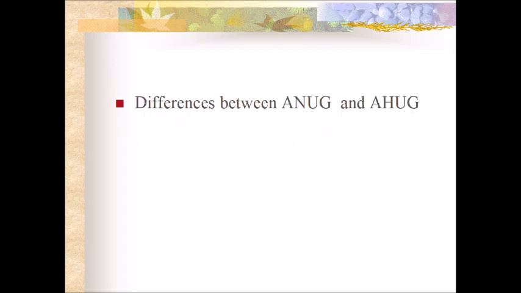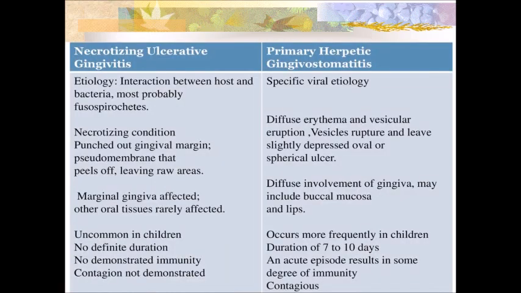Difference between necrotizing ulcerative gingivitis and herpetic gingivostomatitis. First is etiology. Necrotizing ulcerative gingivitis is caused by the interaction of host and bacteria, most commonly fusospirochetes. But herpetic gingivostomatitis is of viral origin.